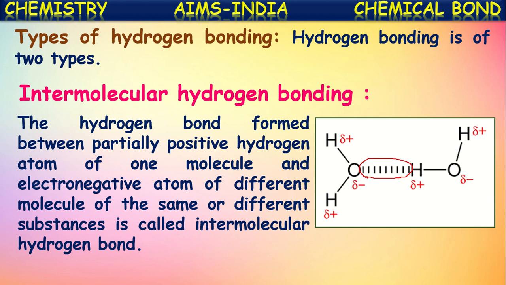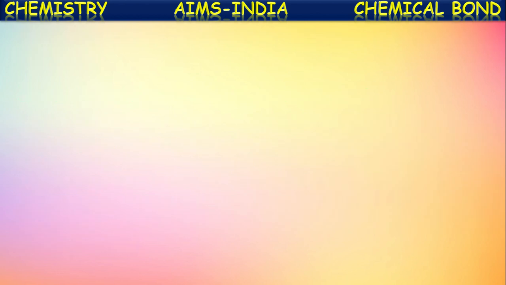As it is created between two different molecules, it is also called intermolecular hydrogen bonding, inter representing two different. Hydrogen bonding between two different molecules is called intermolecular hydrogen bonding.